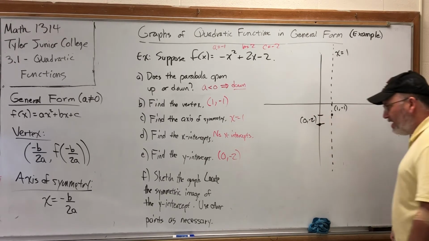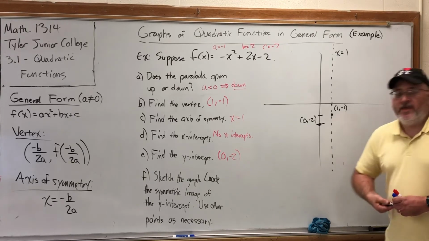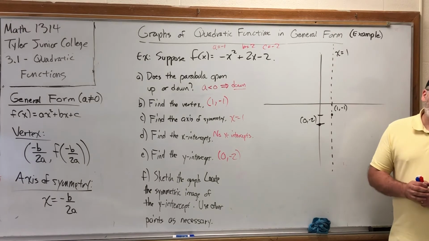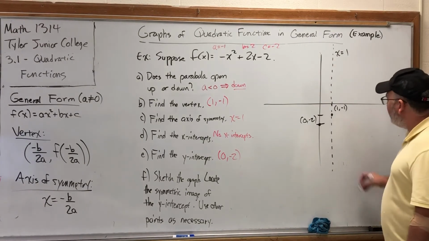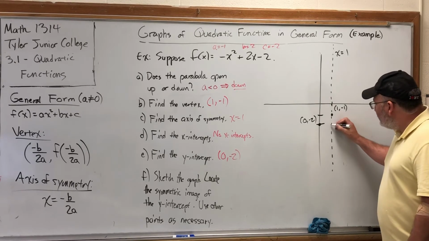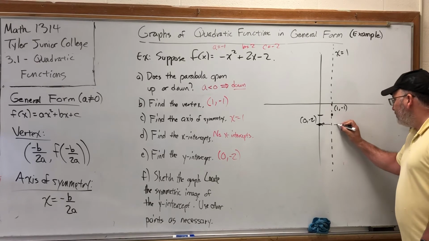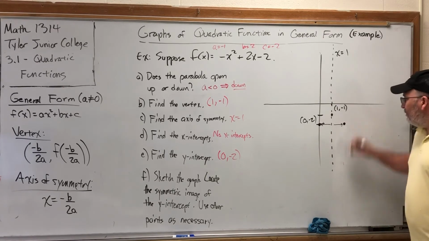But notice in part F, I said locate the symmetric image of the y-intercept. Here's what I mean by that. The axis of symmetry is like a mirror. Every point on the left has an image on the right. This y-intercept is on the left of the axis of symmetry. It is one space to the left. So its mirror image will be one space to the right of it. Do you know what its coordinates would be?